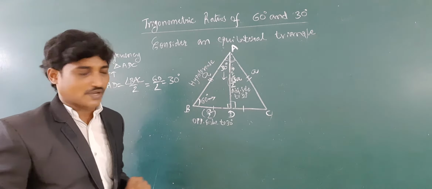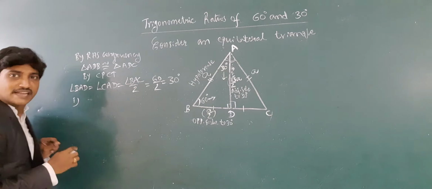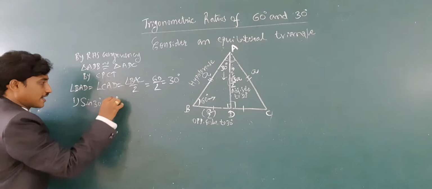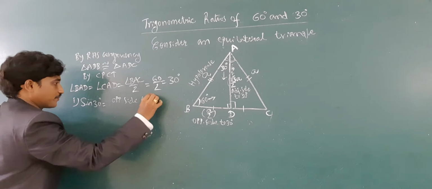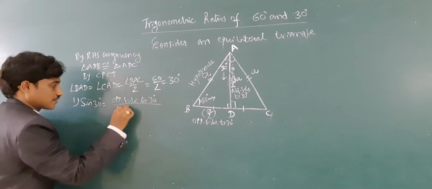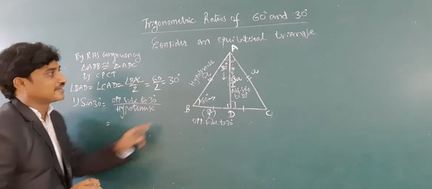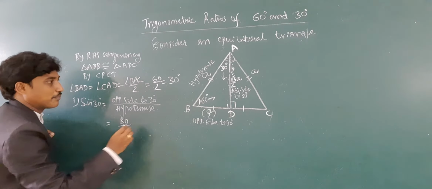30 degree. So first of all, sin 30 degree. Sin 30 degree is opposite side to 30 degree by hypotenuse. So the opposite side to 30 degree is BD by hypotenuse AB.